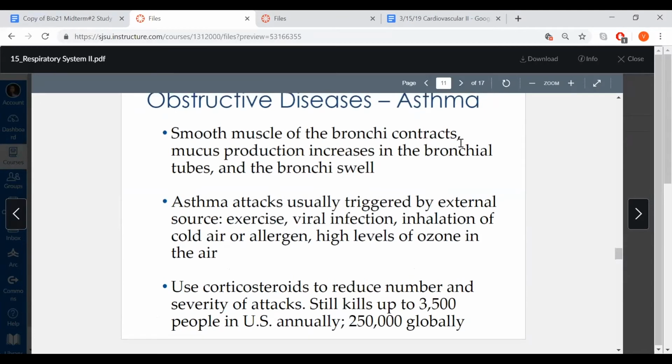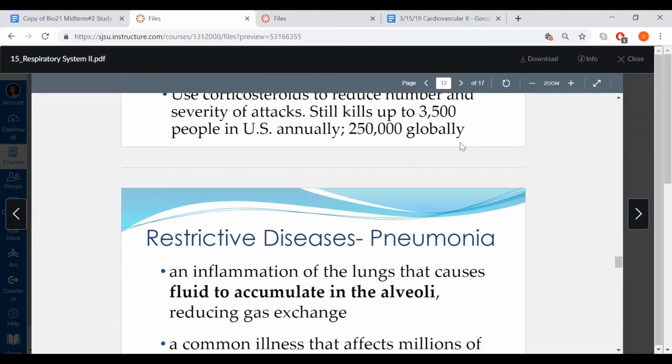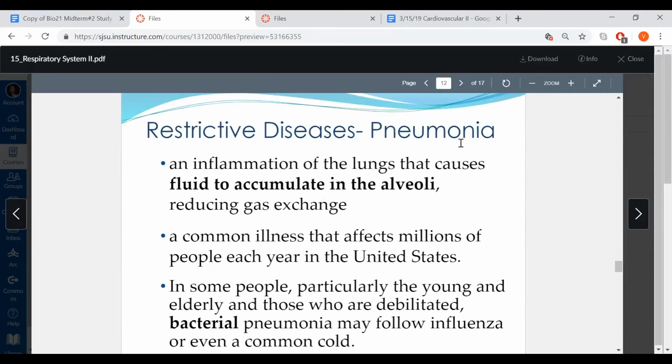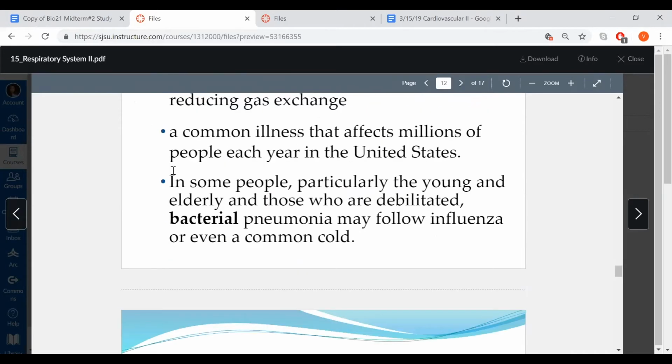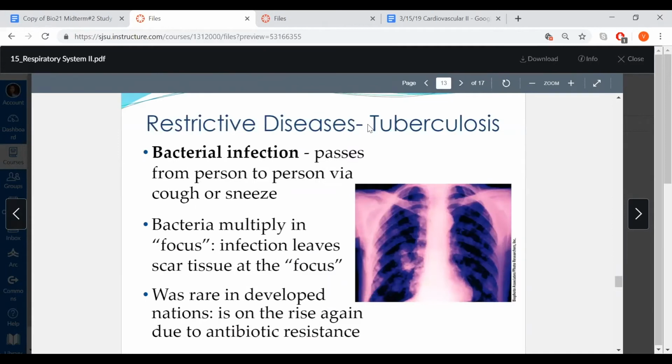So it's blocking your airway. And then restrictive, on the other hand, is the one that is restricting you from getting gas exchange. So in pneumonia, when there's extra fluid in your lungs, you can't get your oxygen exchanged, right? Because there's something blocking. It's restricting you. If that makes sense.